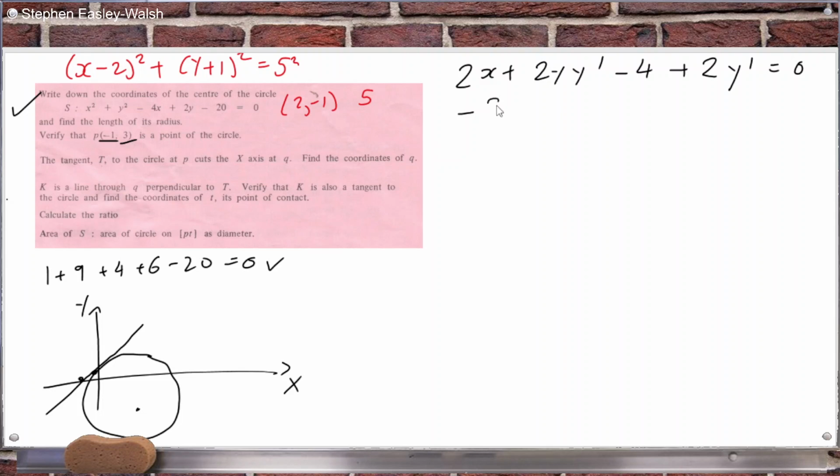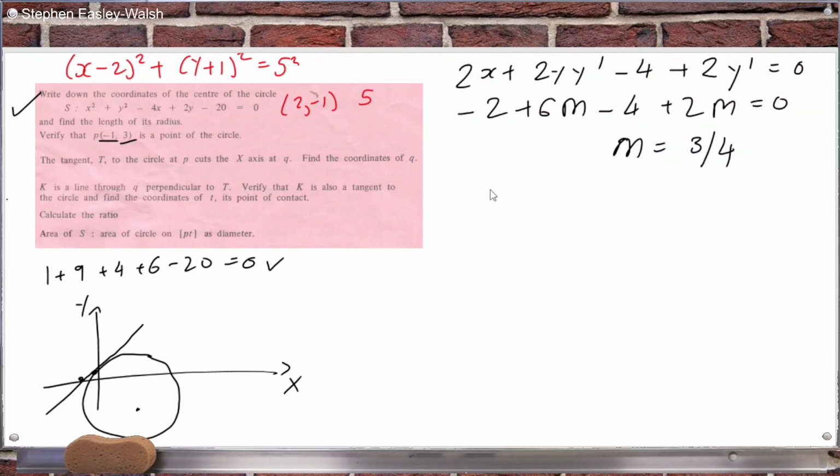So that's minus 2 plus 6 dy/dx minus 4 plus 2 dy/dx. And the dy/dx is actually the slope of the tangent, so minus 4 plus 2m equals 0. So that means m will be 6 over 8, which is 3 over 4.